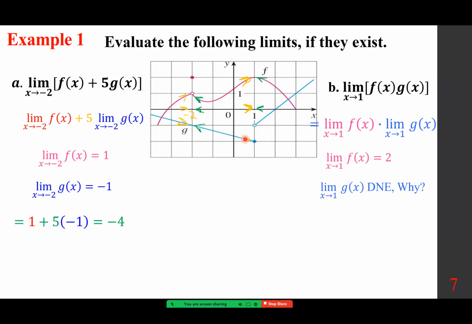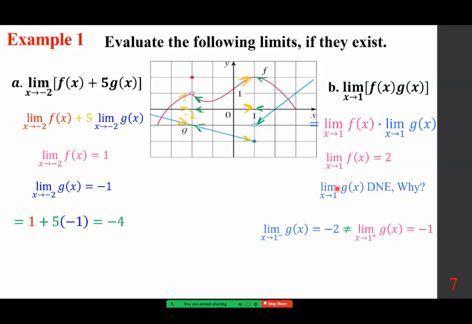We are moving in this direction towards this hole, and that has a y coordinate negative 2, but from the right side, we are here moving towards this hole. By the way, we never get to those points, okay? We get very close to them, and this one has a different y coordinate, namely negative 1. So the limit of g of x as x approaches 1 from the left is negative 2, which is not equal to the limit of g of x as x approaches 1 from the right, which is negative 1.